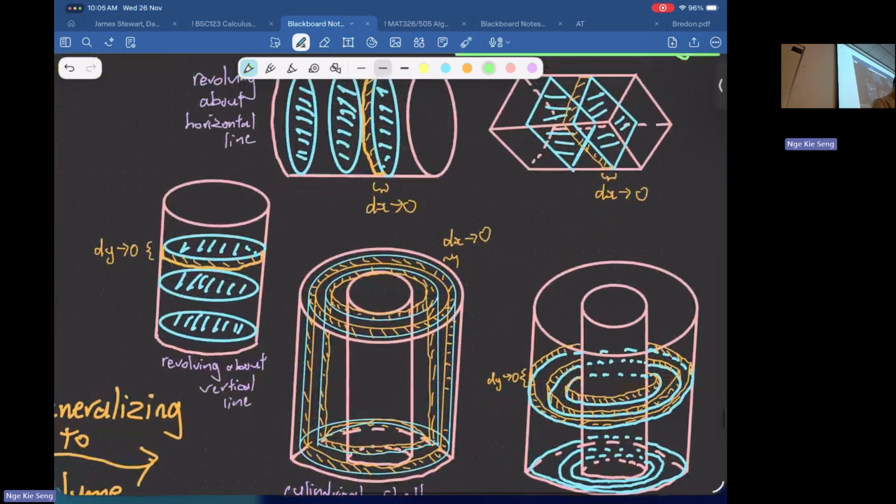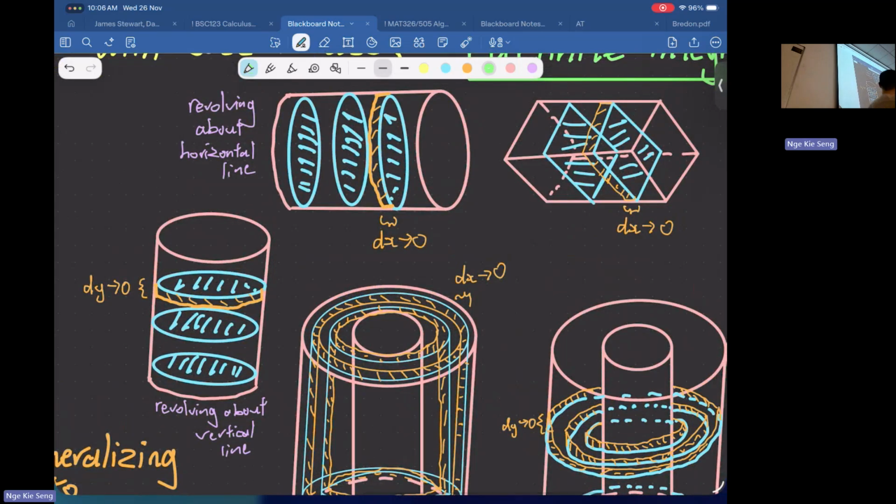So this is the one that we left off last time. For example, revolving about a horizontal line, and revolving around a vertical line. Should I draw the line for you? So maybe this is your x, and this is your y.